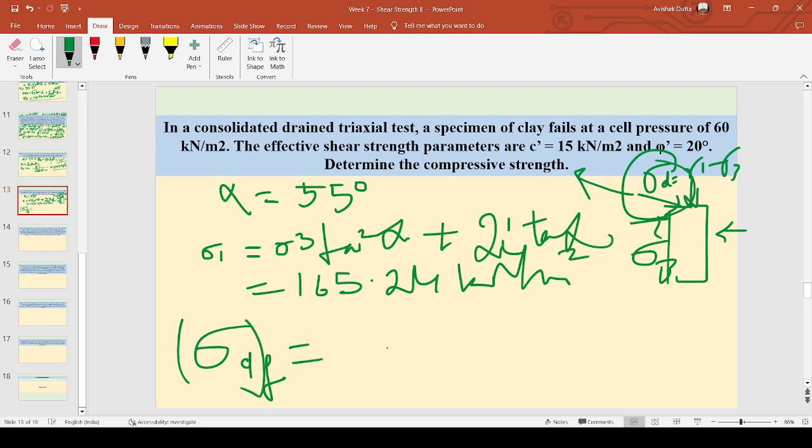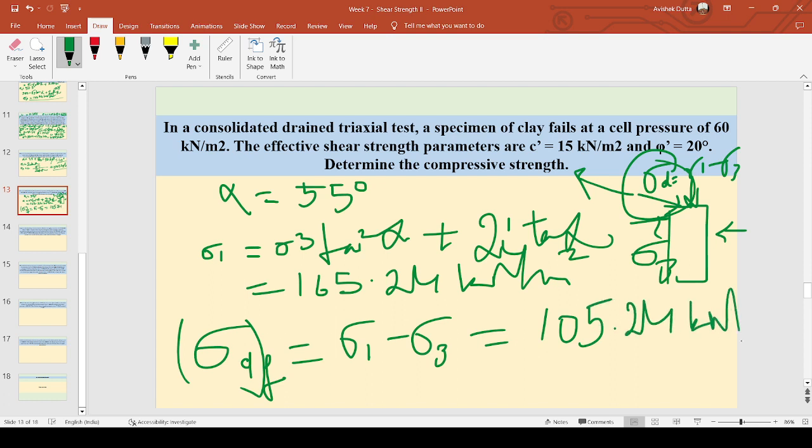That is sigma 1 minus sigma 3, 165.24 minus 60. We get 105.24 kilonewton per meter square. This is the compressive strength of the soil sample, which is equal to the deviatoric stress at failure. I hope it was clear. I go to the next question.